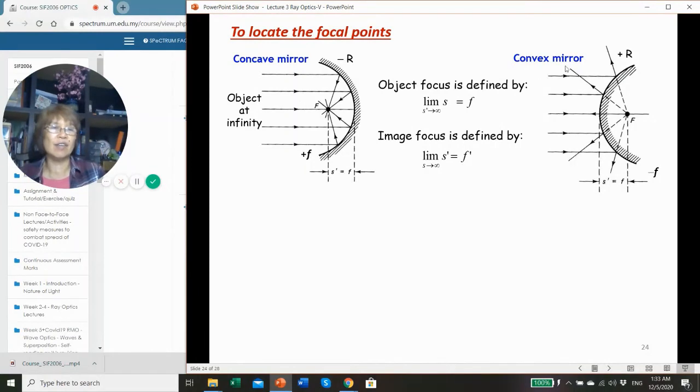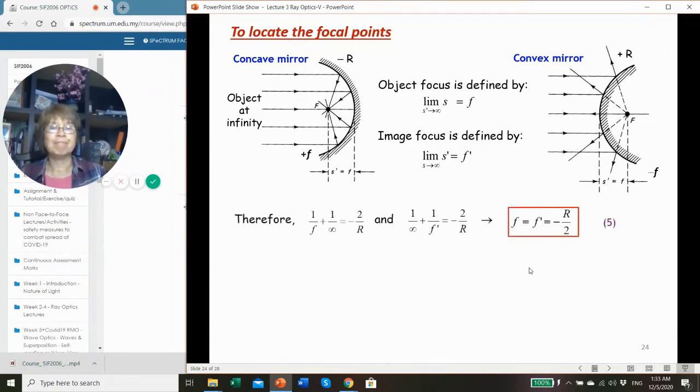So this is for a convex mirror. Over here you have object rays coming from infinity, and they get reflected, projecting all backwards. This is where you locate the image. So if we put the image formed at infinity, the object would be at the focus point.